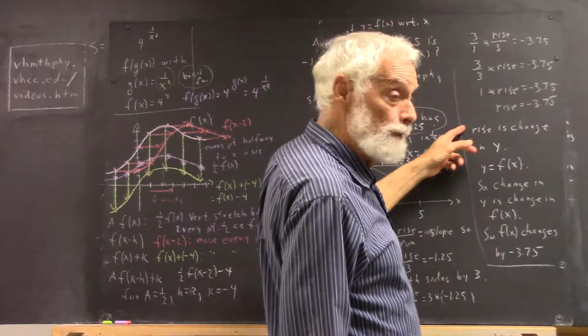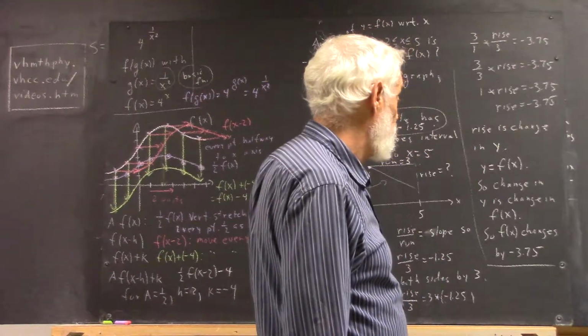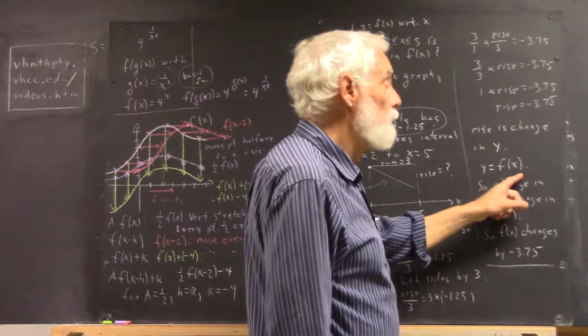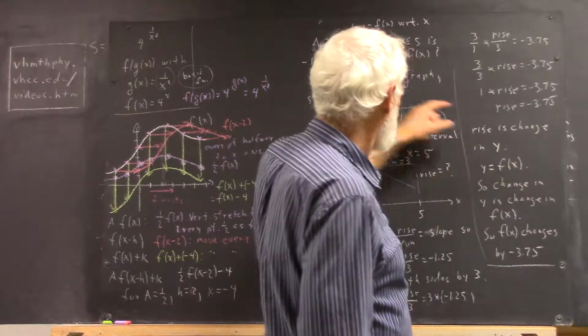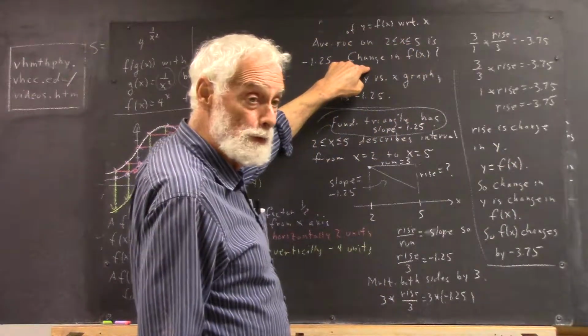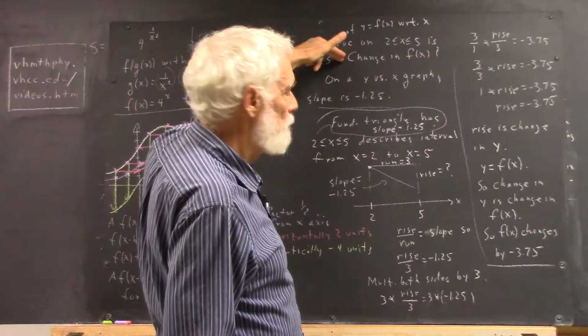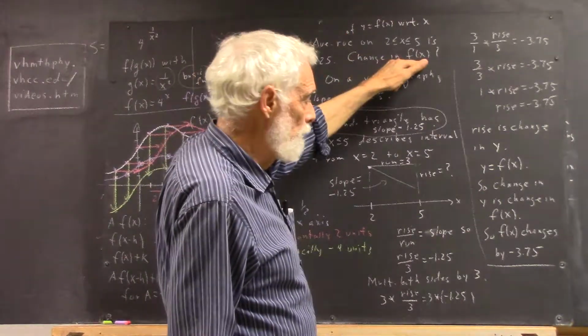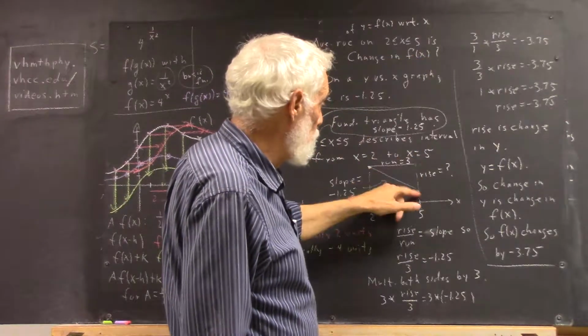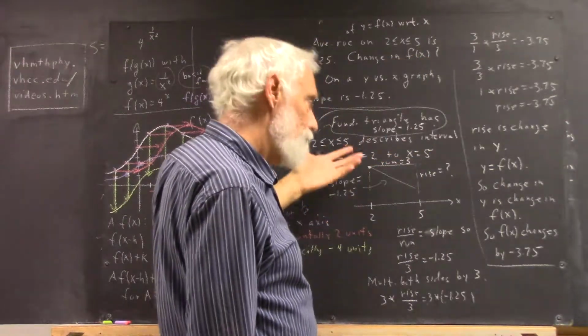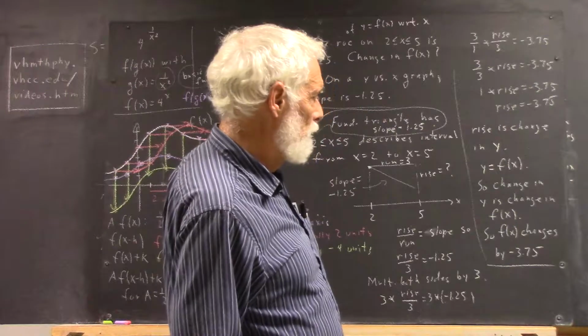Now, the rise is what? It's the change in y. But y = f(x), so the rise is your change in f(x). That's what you're trying to find. So, immediately it would be good if you would understand that the change in f(x) is the change in y, which is the rise. Okay? But that takes a little sorting out.